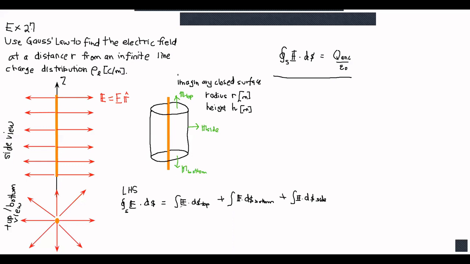Here these are individual surfaces, so we don't need the circle. We have to do this one by one, so let me just number them.